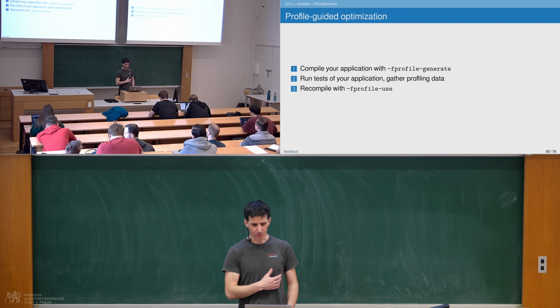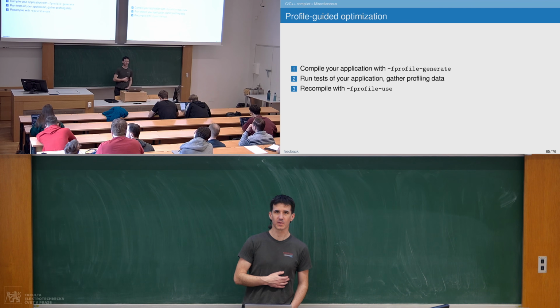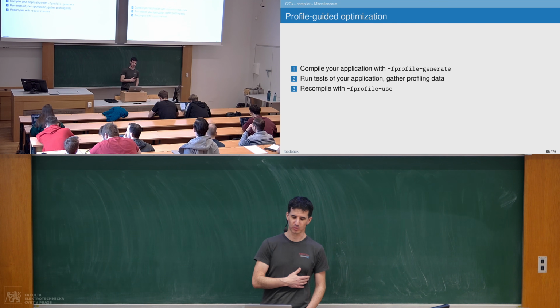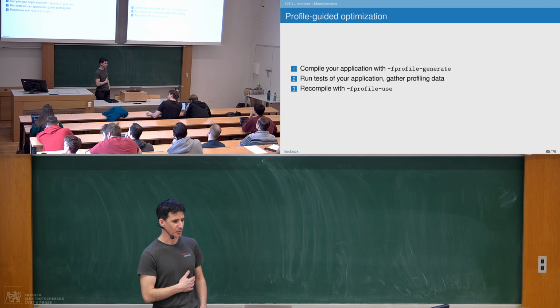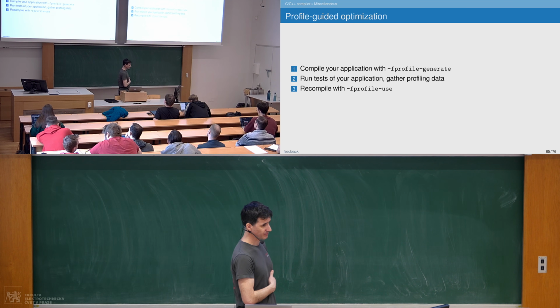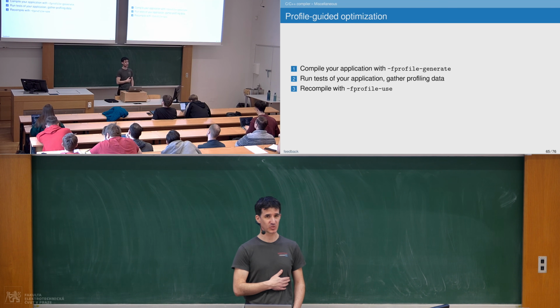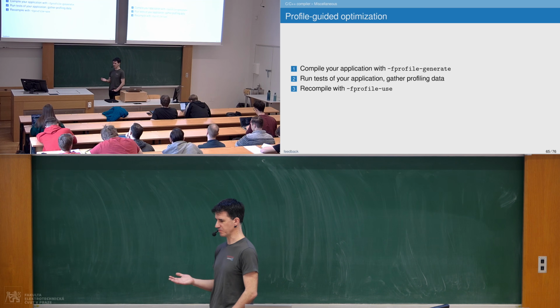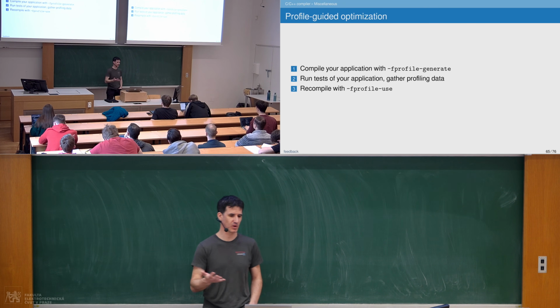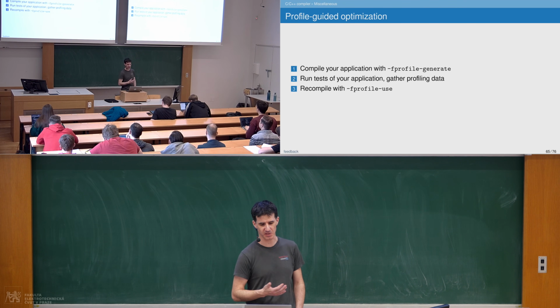What's maybe more important and more useful for you is so-called profile-guided optimization. As I told you, many of the compiler optimizations use heuristics, and those heuristics can be correct or can be wrong, and it's often really difficult to come up with good heuristics which work everywhere.